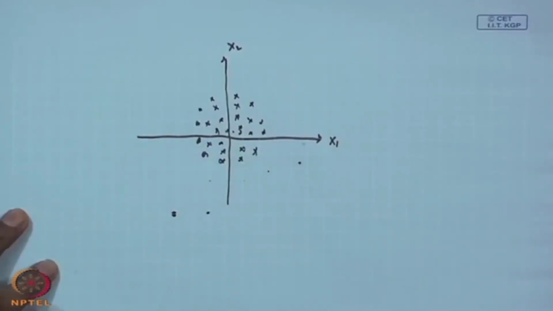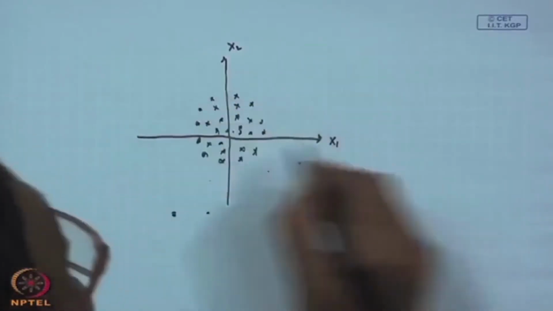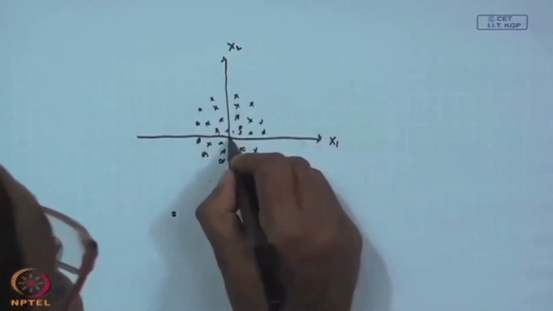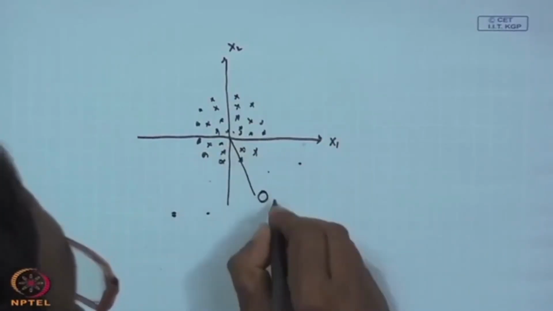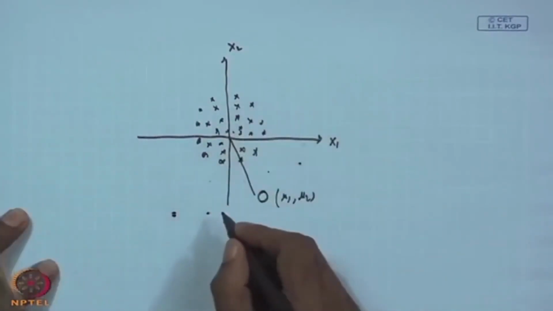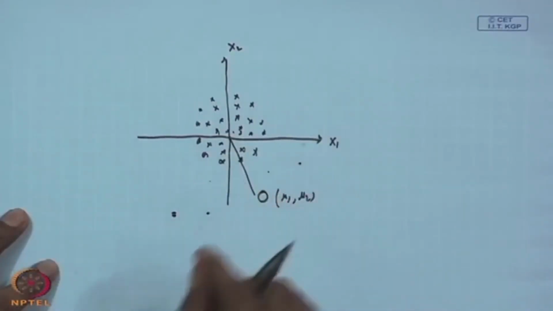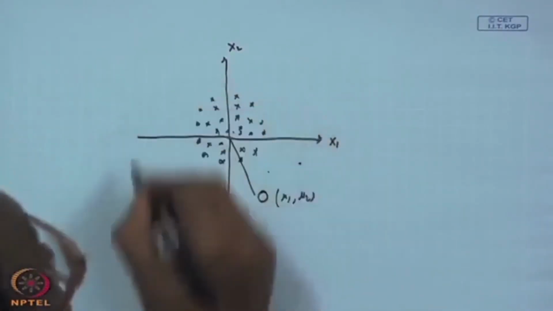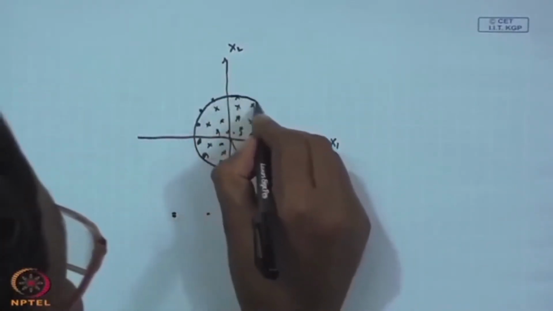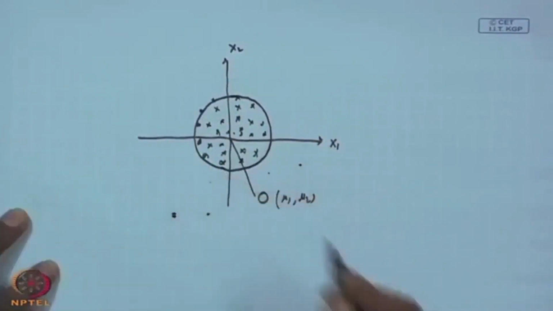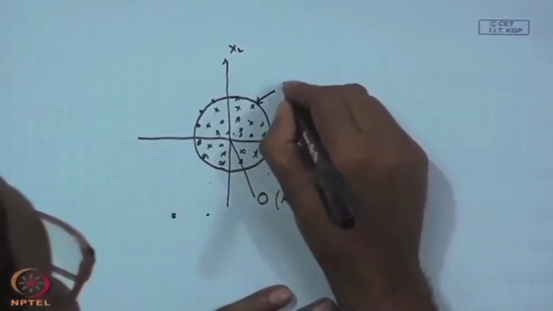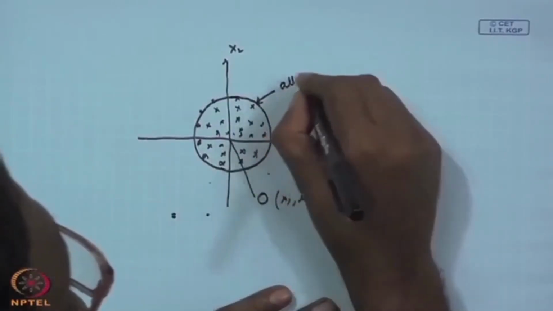Now, if you find all points equidistant from O, that is the mu 1 and mu 2 coordinate, that means equal Euclidean distance, and if you join them you will get a circle. So, all points on this circle are equidistant.